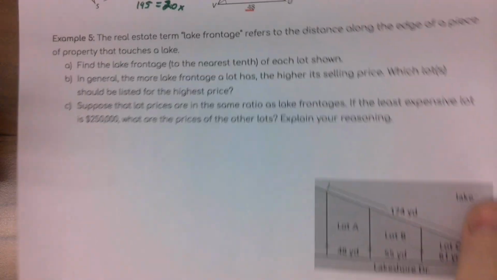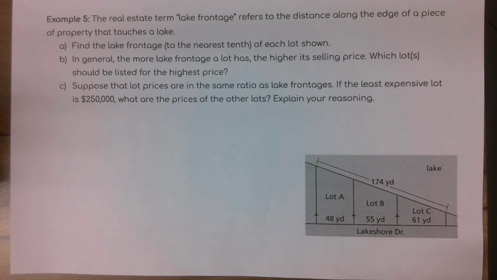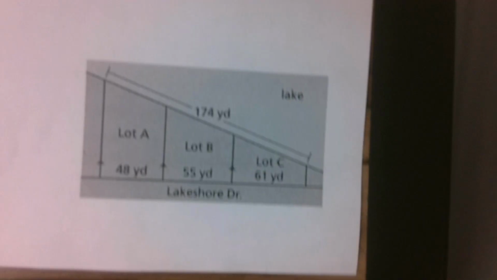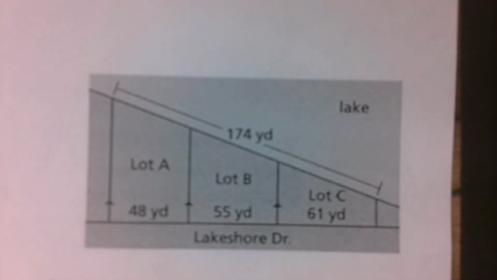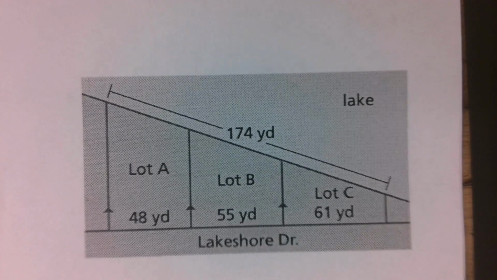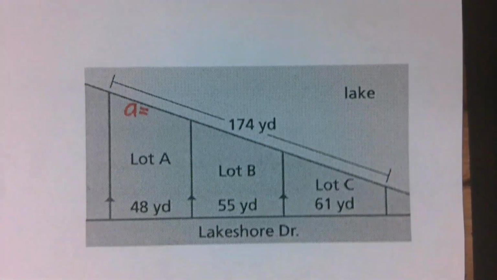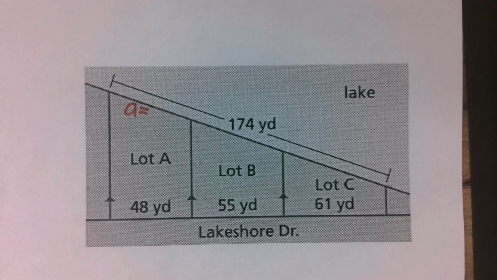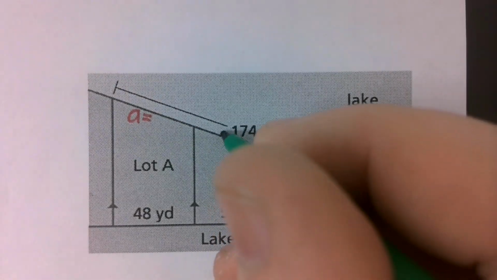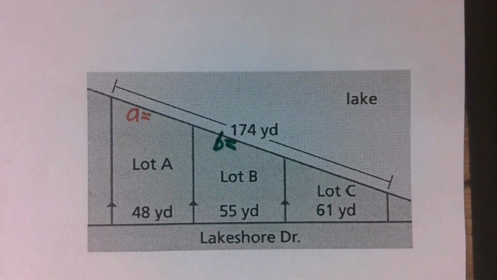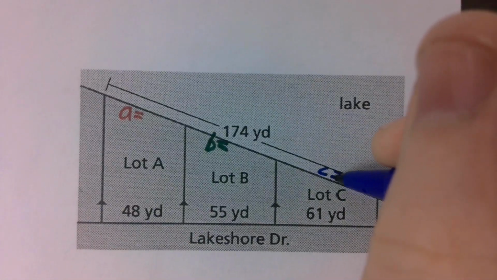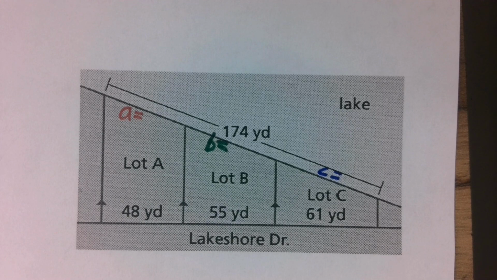We're asked to find the lake frontage to the nearest tenth of each lot shown. In other words, if I zoom in a little bit, we have to find how much lake frontage there is in lot A, how much lake frontage there is in lot B, and how much lake frontage there is in lot C. The problem is, if we look at each individual lot, there's not a ton we can compare.